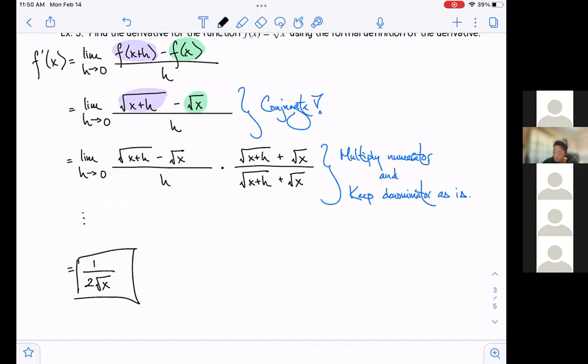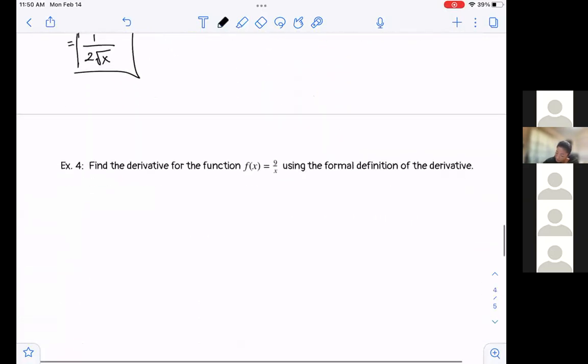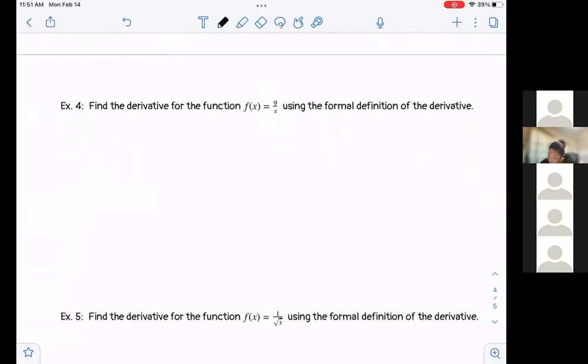All right, got just enough time to look over and set up the last 2 questions that we have here. Let's take a look at those 2. So we have: find the derivative for the function f of x equals 9 over x using the formal definition of the derivative.